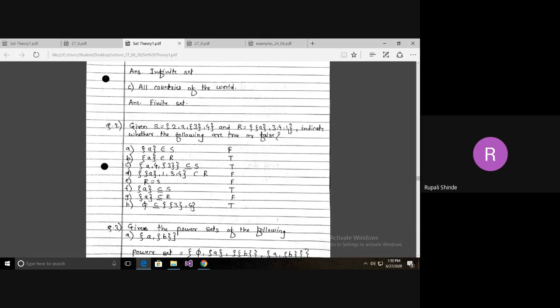Then only we can say that each and every element of this set is a subset of R. But what we have written here is just set A. So set A is a member of R, not a subset. So in order to make it a subset, we have to put another bracket as set of set A. Then only it would be a subset of R. That's why this statement is false.